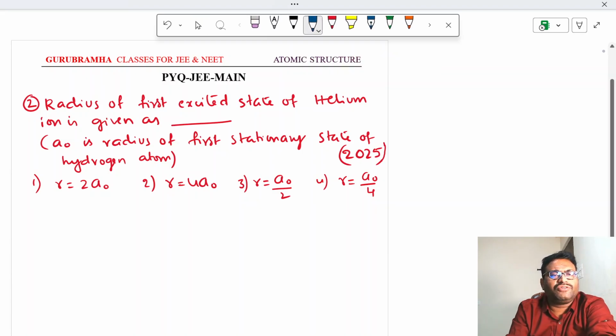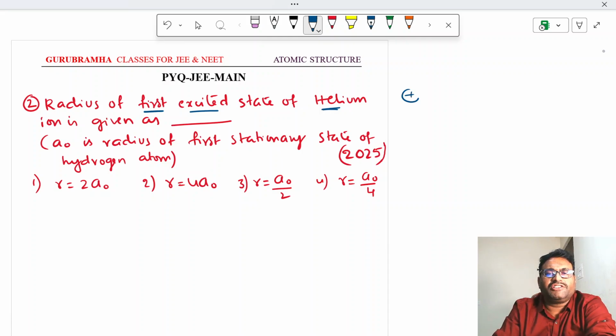The next question, if you see, radius of the first excited state of helium. Here is the atom, the electron, He plus, helium ion.